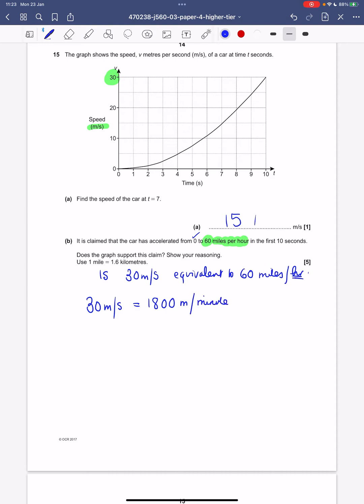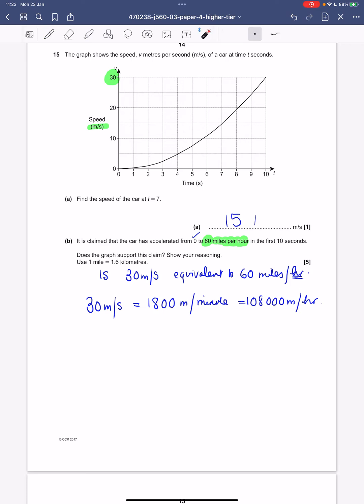Okay, we want to build up to hours, so multiply by 60 again. It's 108,000 metres per hour. Okay, so it's doing 108,000 metres per hour. So now we need to know, is 108,000 metres 60 miles?